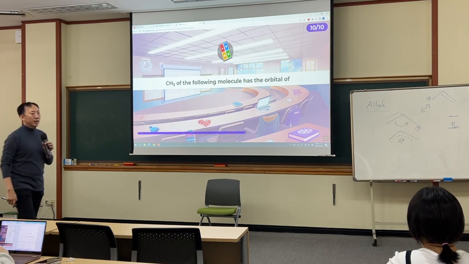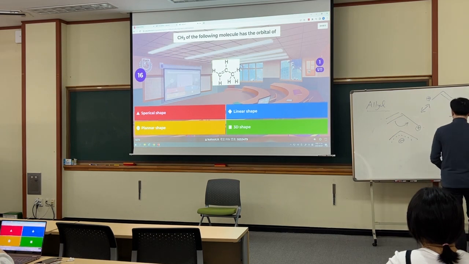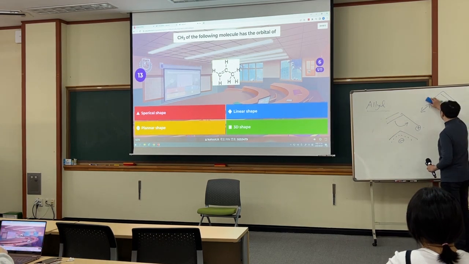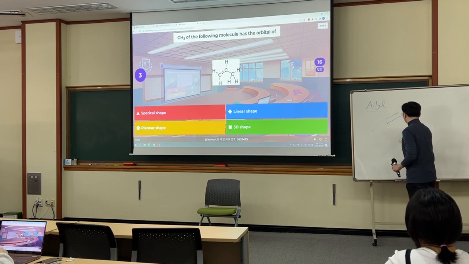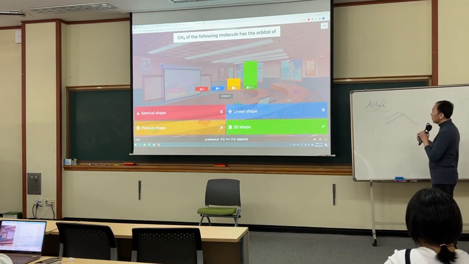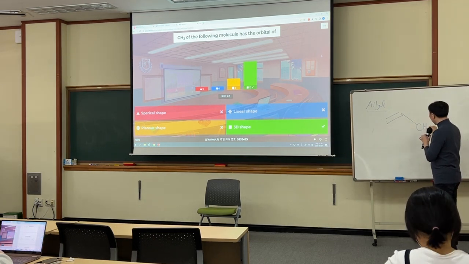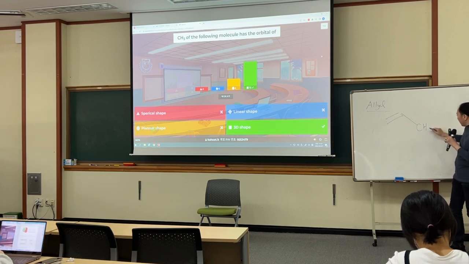Okay, last problem. Okay, very good. Now this is the structure with the CH3 here. The big difference is before, previous ones, everything was a CH2 structure, and then there was one empty orbital there.